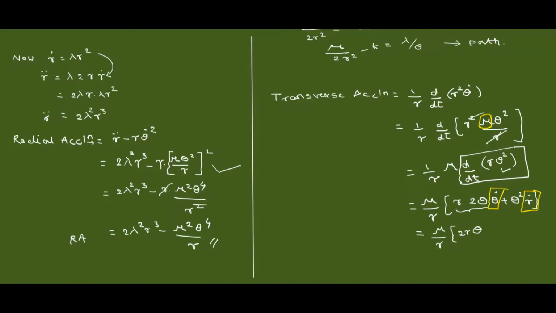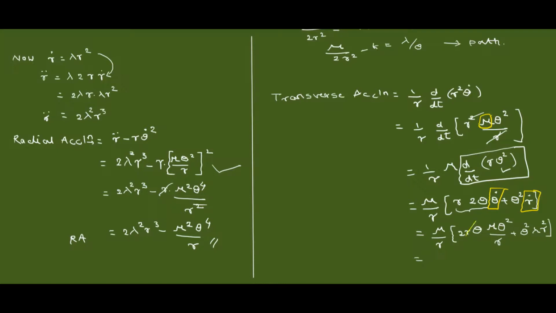From equation 2, theta dot value is mu theta square divided by r, plus theta square as it is. Substitute the value for r dot from equation 1, that is lambda r square, and total this is equal to.